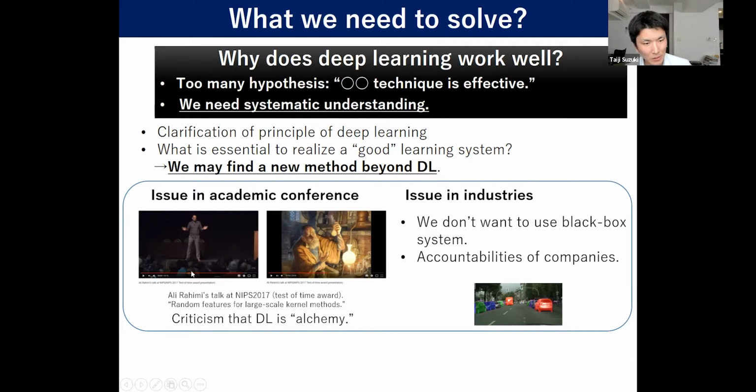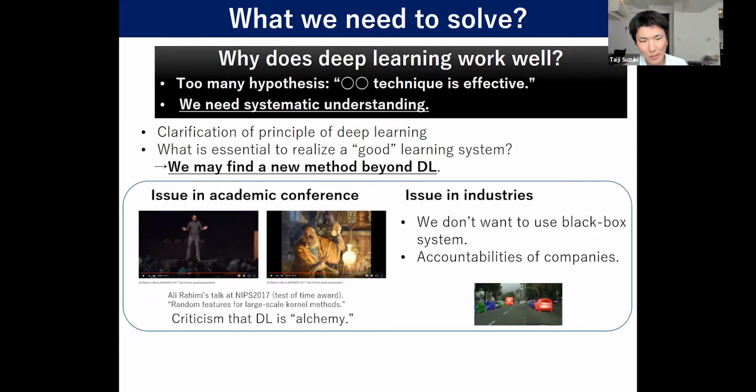For example, this is Ali Rahimi's talk at NIPS 2017, about the test of time award. He criticized the situation of deep learning research as alchemy. This is because there are too many experimental results without a theoretical background, so he said the situation is like alchemy.